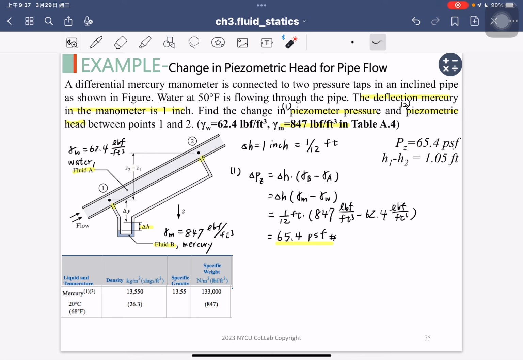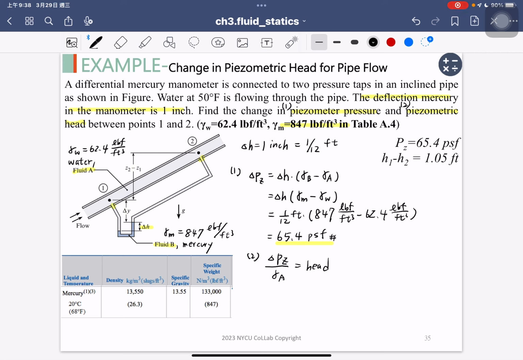And then you can observe the diffraction height you have and compute the pressure difference very quickly. Okay, so question 2 is quite simple, because we already know the piezometric pressure difference, delta P. We just divide by gamma A, and then we can convert the answer to the head difference.